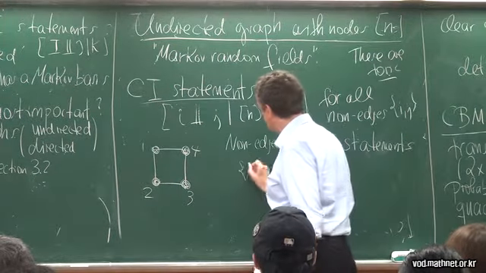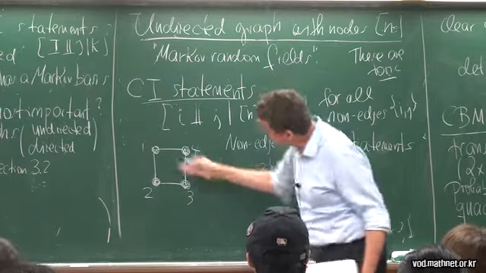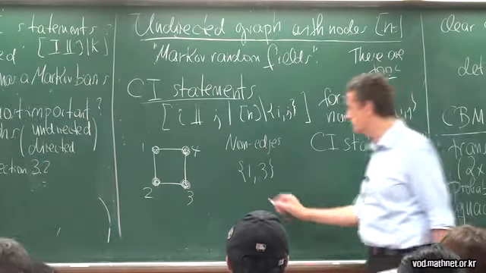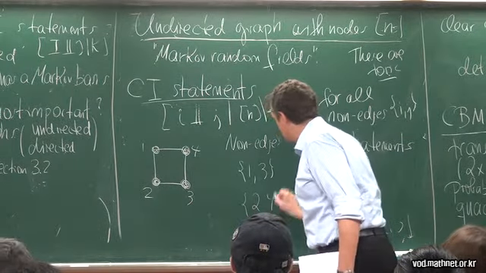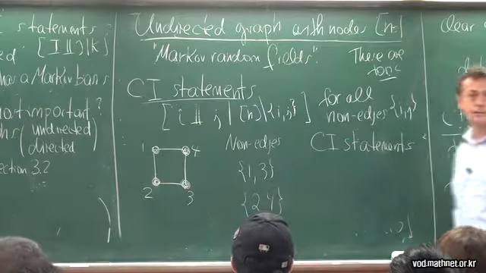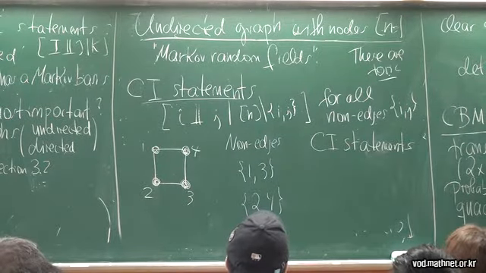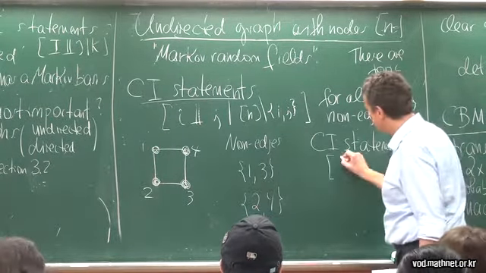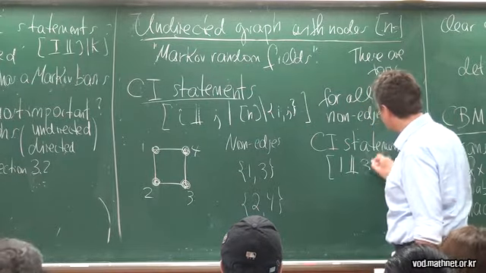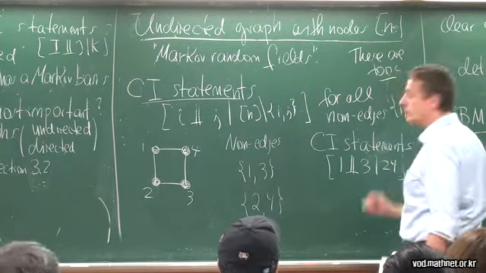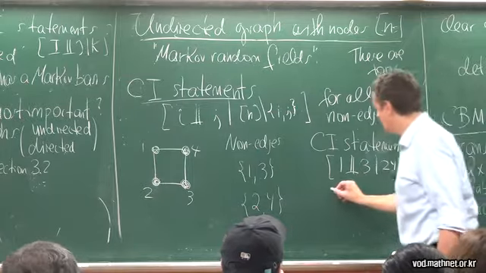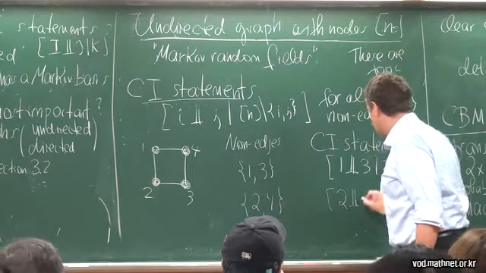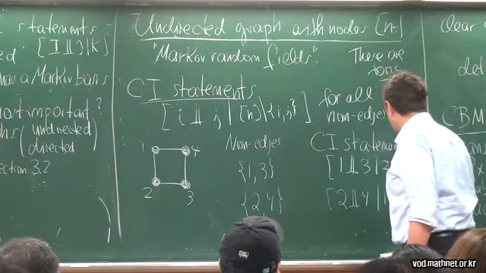So this graph has two non-edges. 1 and 3 is a non-edge, and 2 and 4 is a non-edge. So the non-edge 1, 3 translates into the statement 1 is independent of 3 given 2 and 4, and the second one is 2 is independent of 4 given 1 and 3.